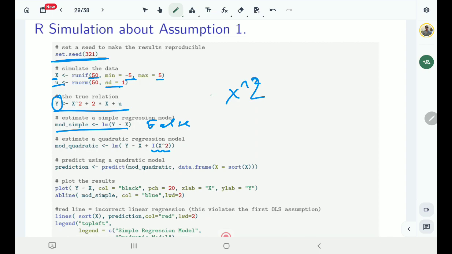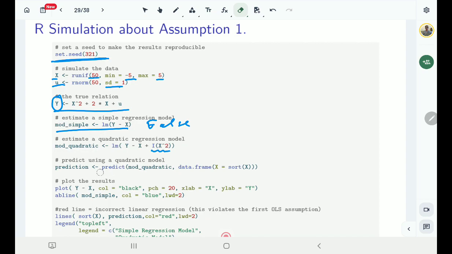You have to write I to instruct the lm function to treat it as x squared, not as some kind of string or expression. So the correct way to include an x squared term or exponential term within the lm function is to use I, parenthesis, x to the exponent 2, 3, 4, doesn't matter.